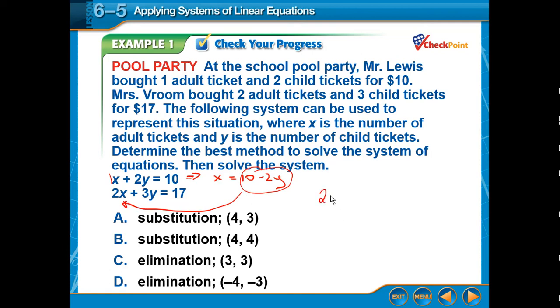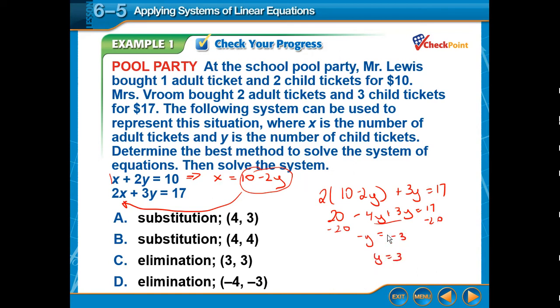So I'm going to have 2 times (10 minus 2y) plus 3y equals 17, and I'm solving from here. So 20 minus 4y plus 3y equals 17. When I combine those, it's negative y. And then subtracting 20 from both sides, I get negative 3.